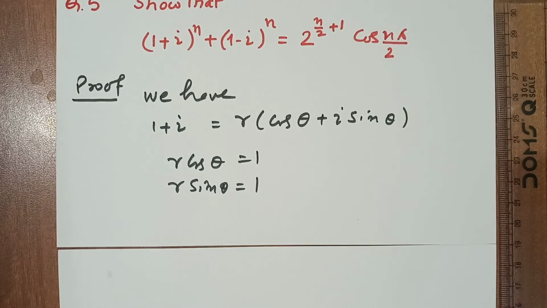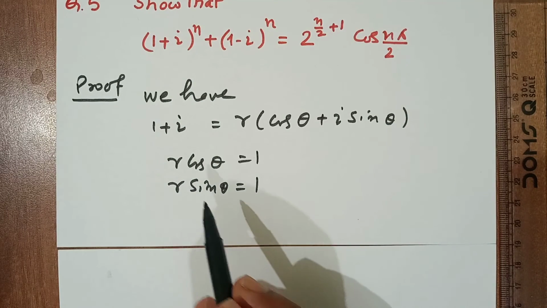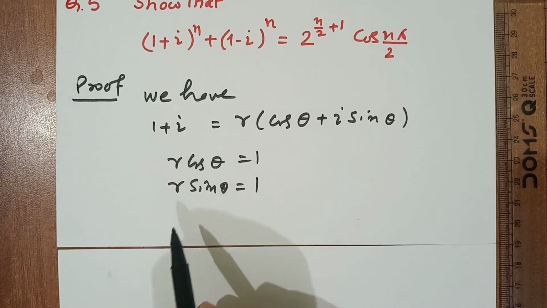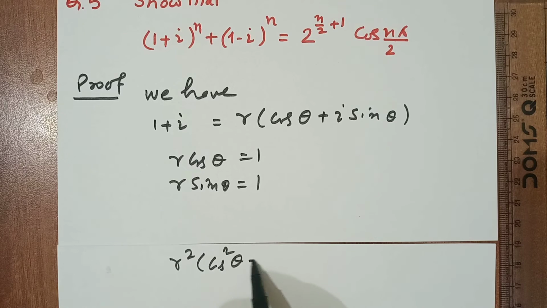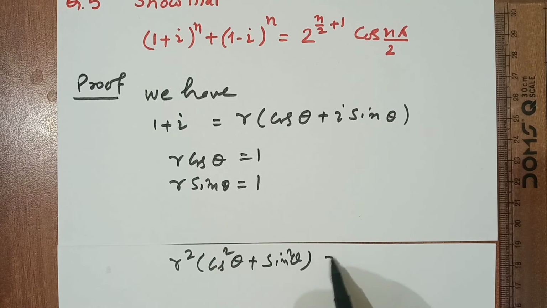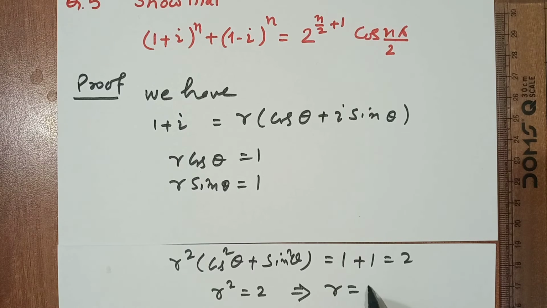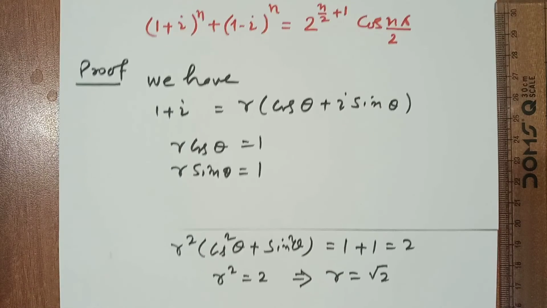So here on squaring and then adding, r² cos² θ + sin² θ is equal to 1² + 1², meaning 2. Cos² θ + sin² θ is equal to 1. So r² is equal to 2. It means r is equal to ± √2, and taking the plus sign.